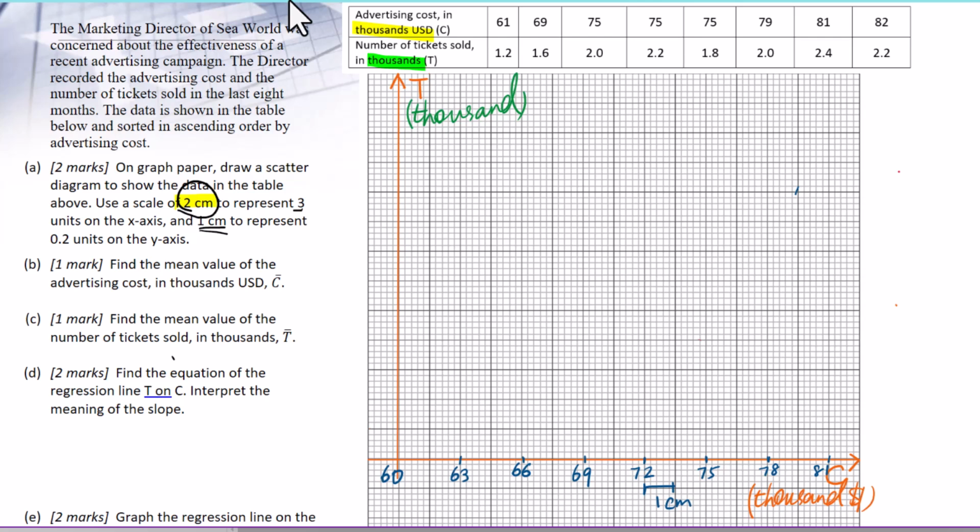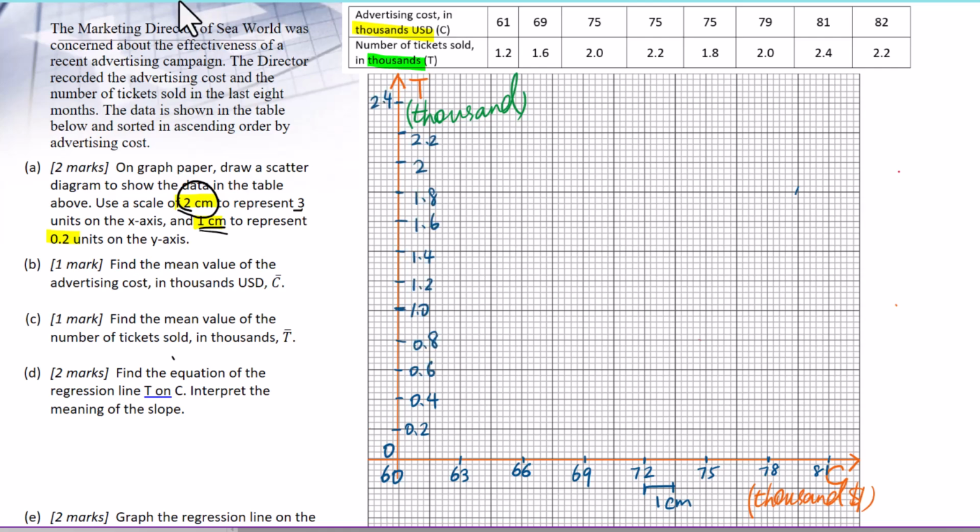For the y-axis, start from 1.2 to 2.4. Let's start from 0. 1 centimeter on the y-axis represents 0.2 units, 0.2, 0.4, and so on.